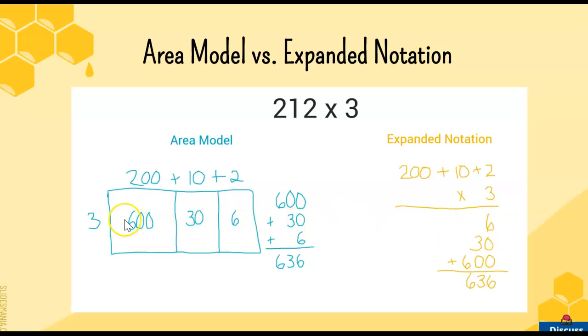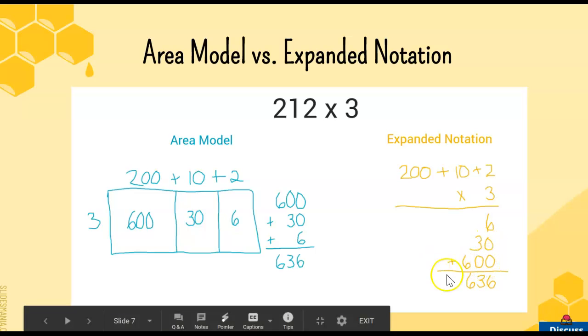But of course here you've got 600 first and then 30 and 6, and here it's just the opposite. 6 is first, then 30 and 600, but the final product is the same for both of them.